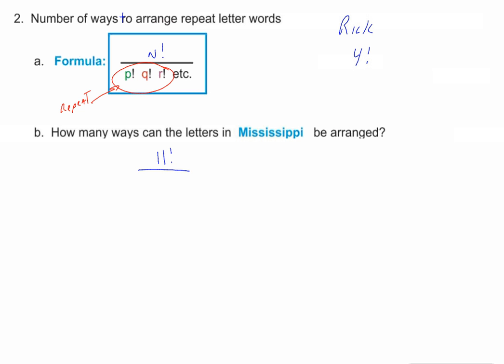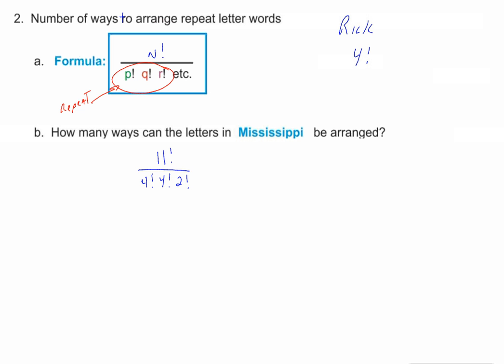And then repeats. There are 4 i's, so 4 factorial. There are 4 s's, 4 factorial again. And there are 2 p's, so 2 factorial. No pod, though. Oh well. 2 peas in a pod.